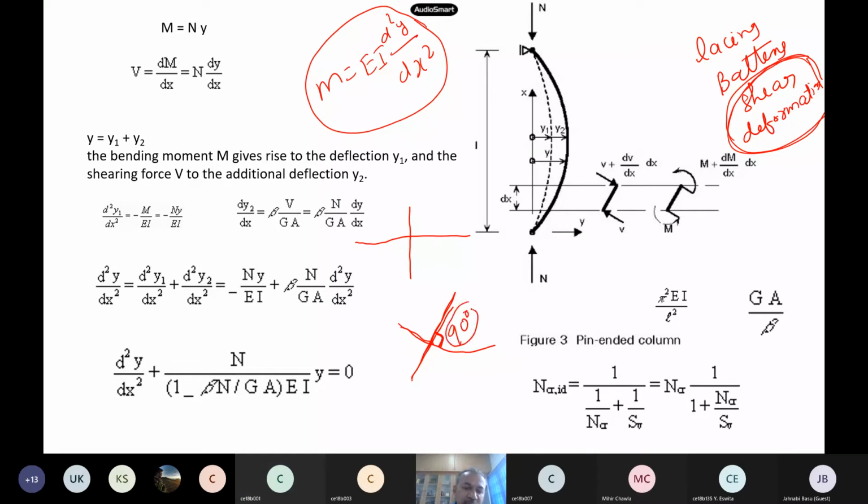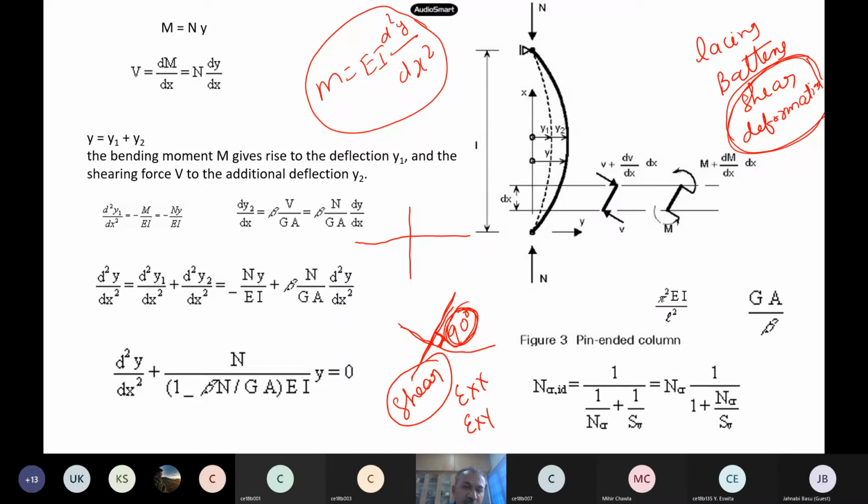If you make this assumption of 90 degrees, then plane sections remain plane, that's a different issue. But if plane cross sections lie at 90 degrees to the axis, the shear gets cancelled. If you find epsilon xx, epsilon xy is half of dou u by dou y plus dou v by dou x, and that shear gets cancelled because of this 90 degree angle.